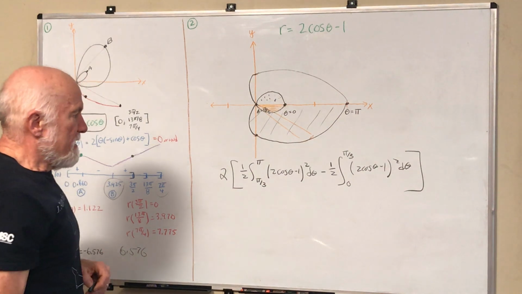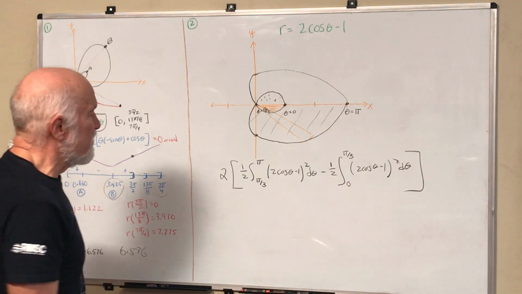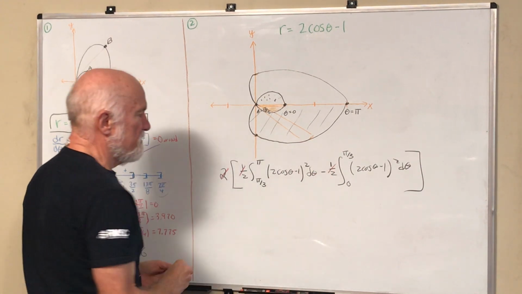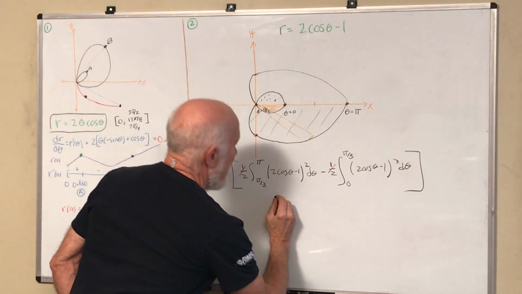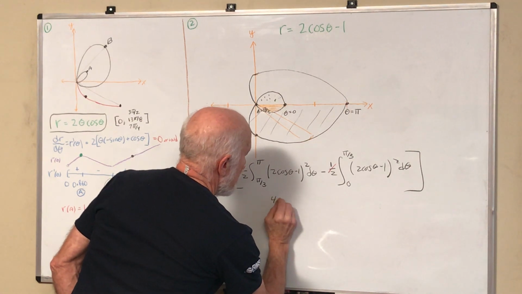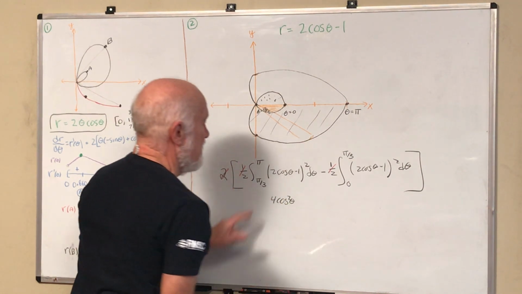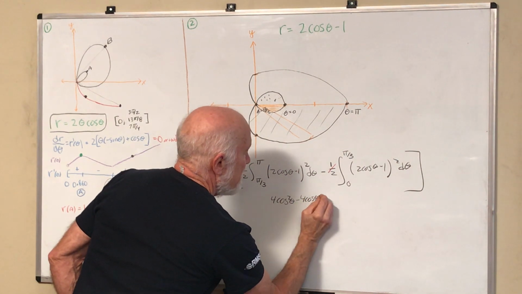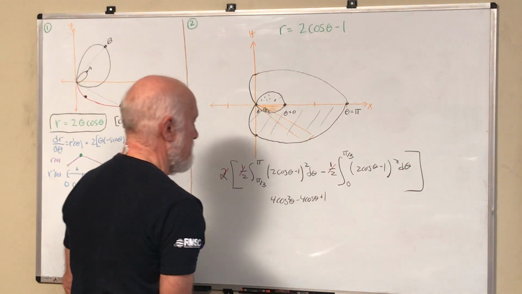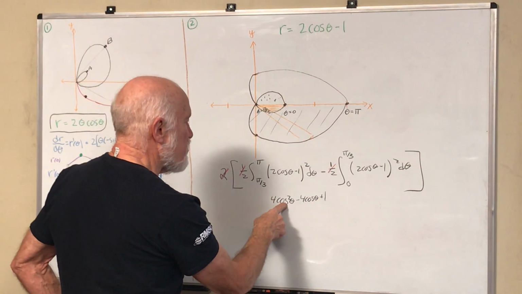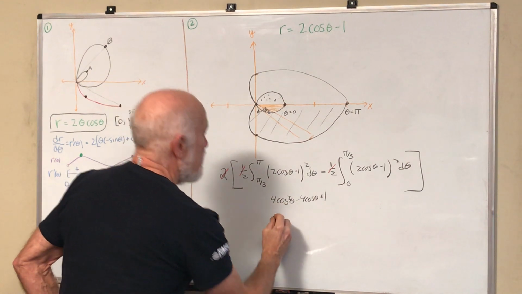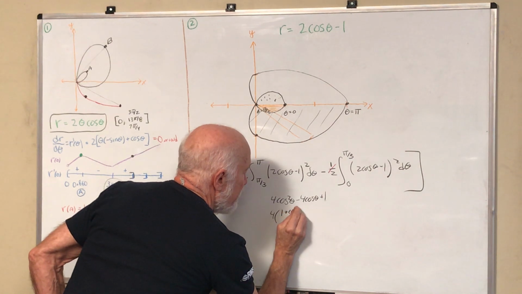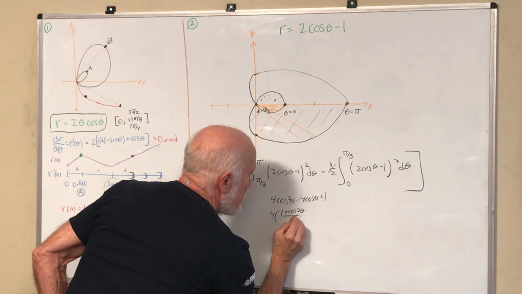Now, since this is the last day, and we haven't done an integral in a while, let's try the integral. So if I square this out, I get 4 cosine squared theta minus 4 cosine of theta plus 1. And 4 cosine squared, remember, is 4 times 1 plus the cosine of 2 theta all over 2.